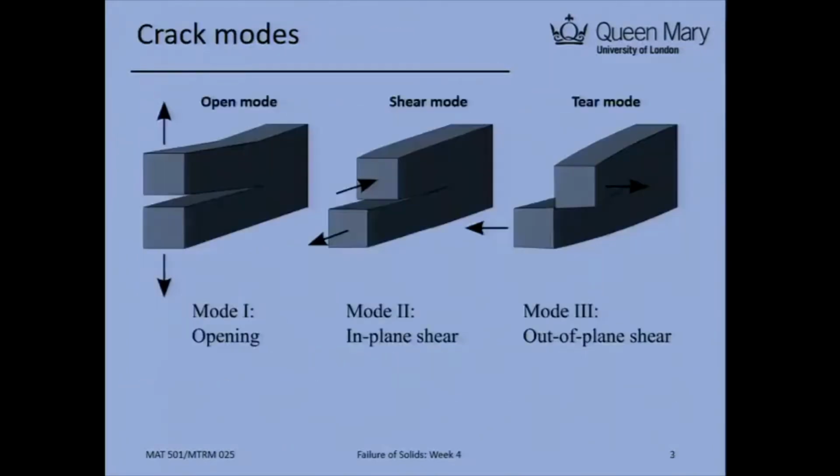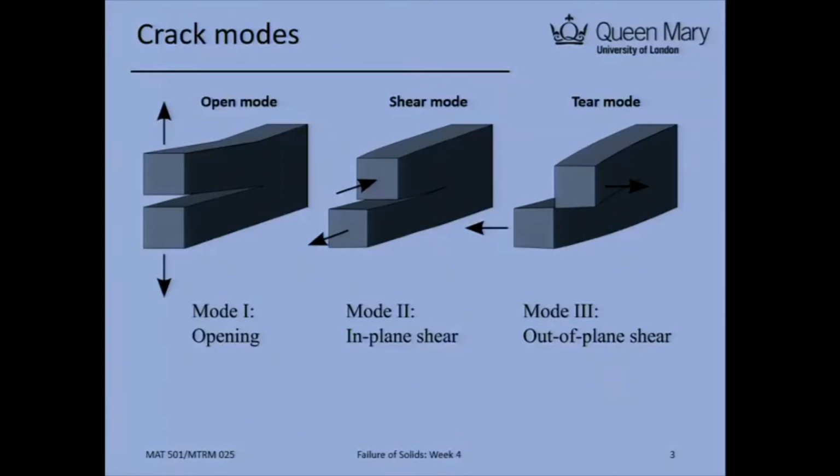Okay. There are a lot of fracture modes, but generally they can be classified into 3 modes. In mode 1, you open the crack, like opening a piece of paper.